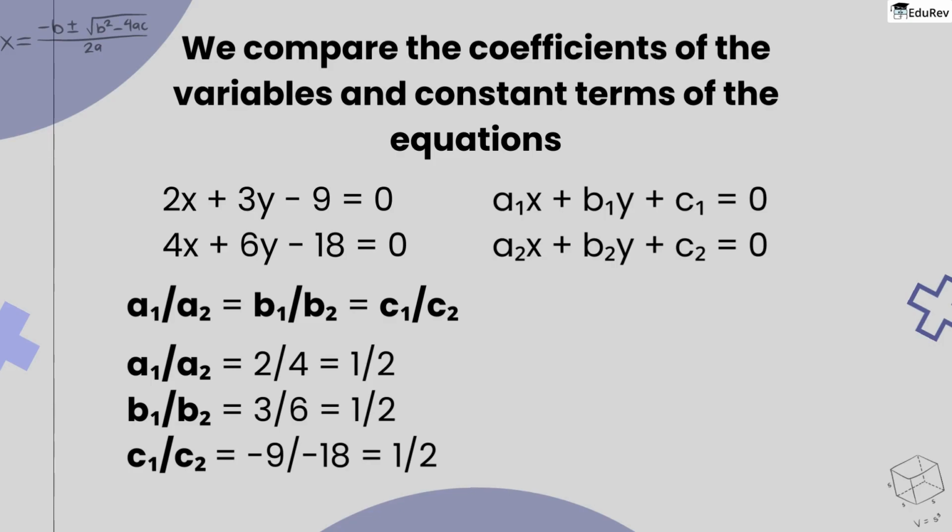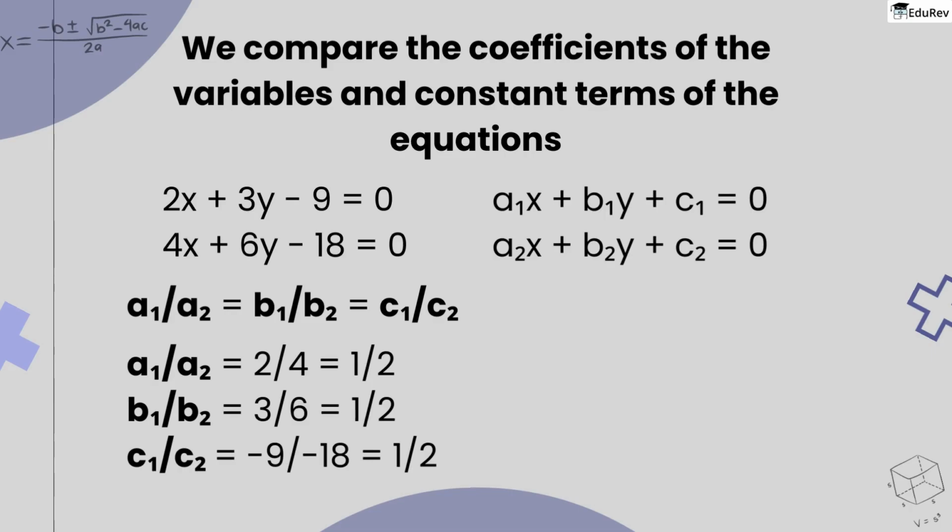And c1 by c2 equals minus 9 by minus 18, which is also half. So, a1 by a2 equals b1 by b2 equals c1 by c2, which is equal to half.